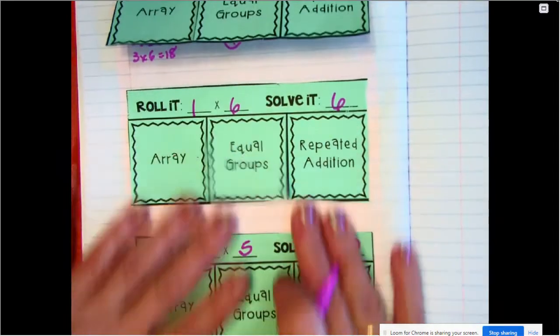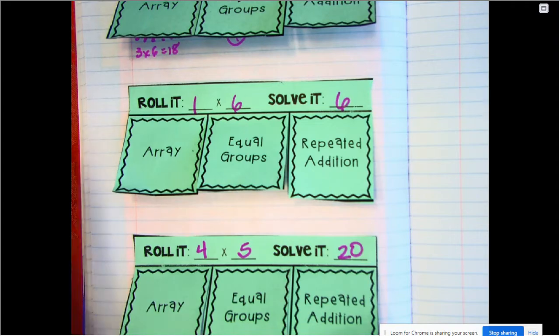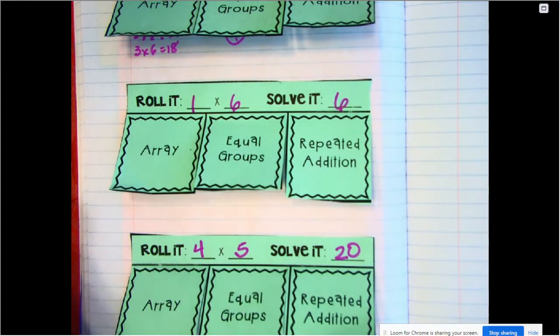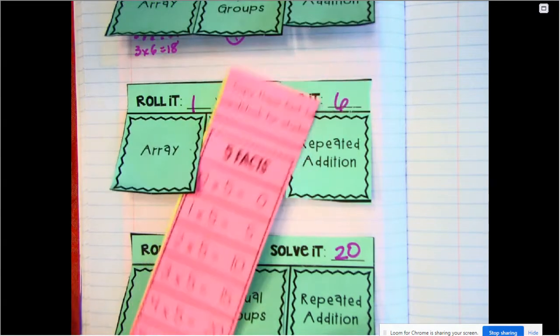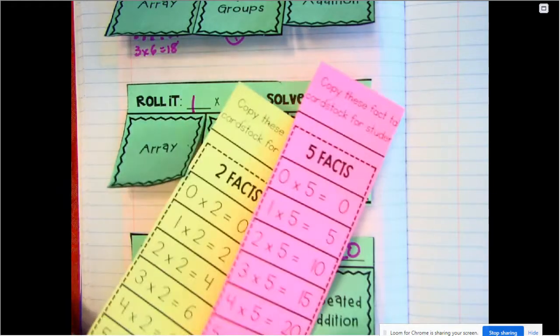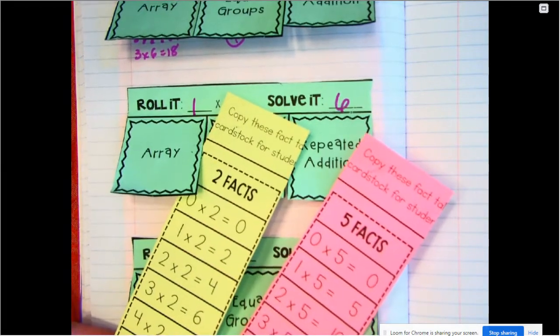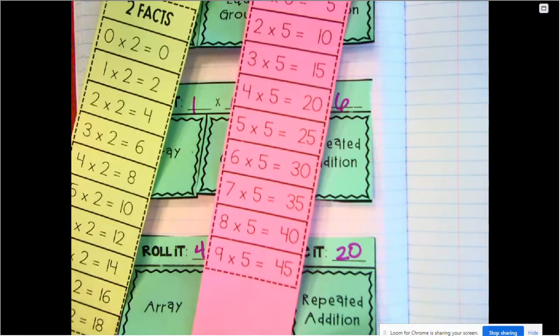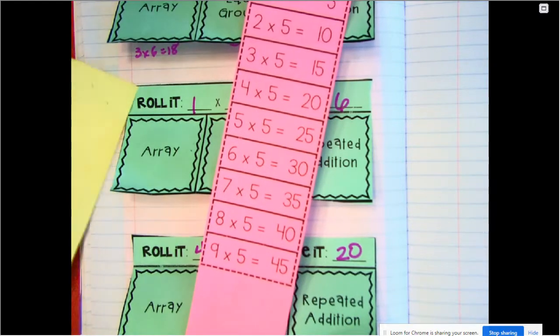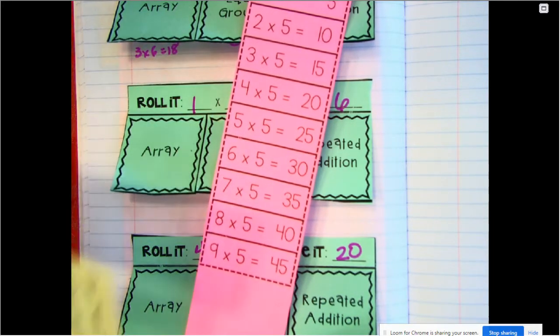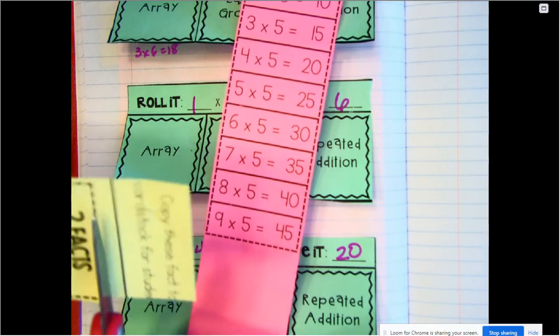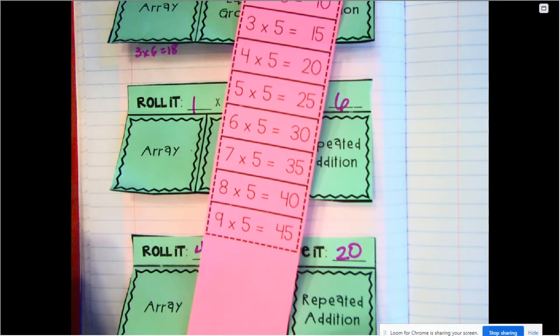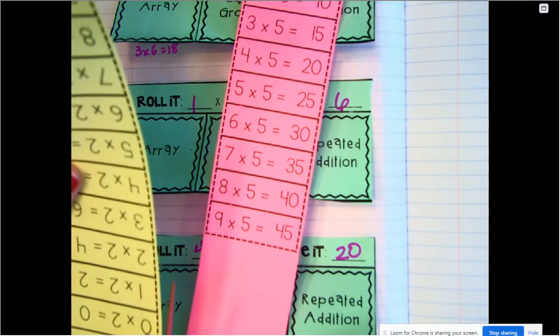Okay? And now what we're going to do, we're going to grab that pile that had just the 5 and the 2. Okay? And we're just going to glue these in. So we're going to cut these out. I'm going to cut mine out just a little bit more.